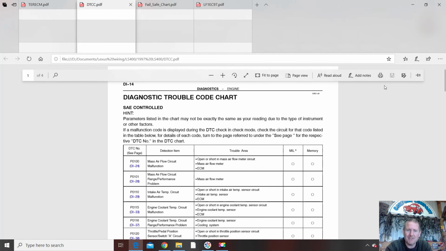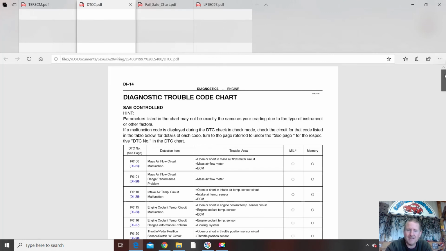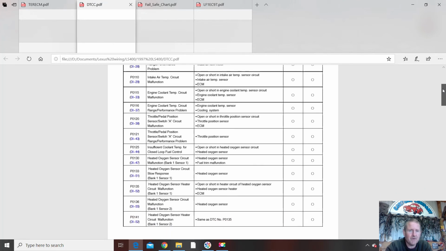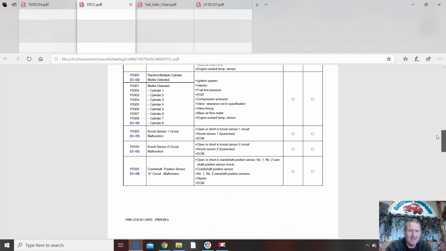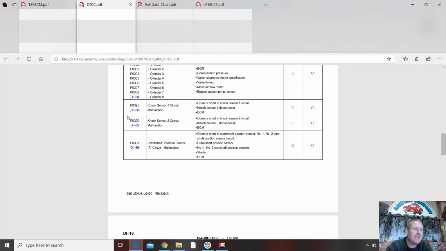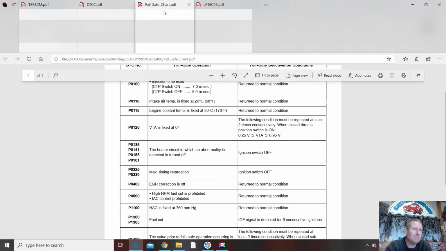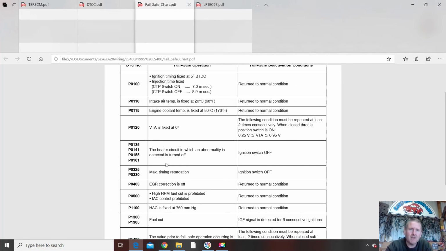P1305. Let's have a look at that. P1305, knock sensor 1 circuit malfunction. Now the other one's going to be P1330, knock sensor 2, isn't it? Back to the failsafe chart, it is.